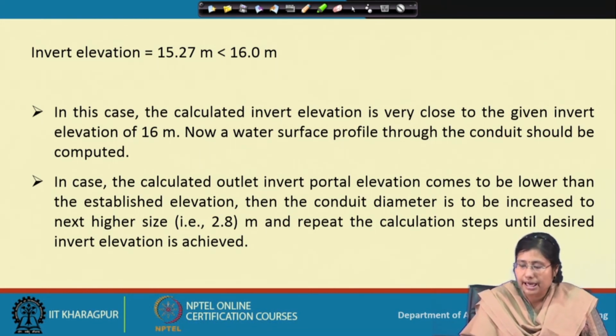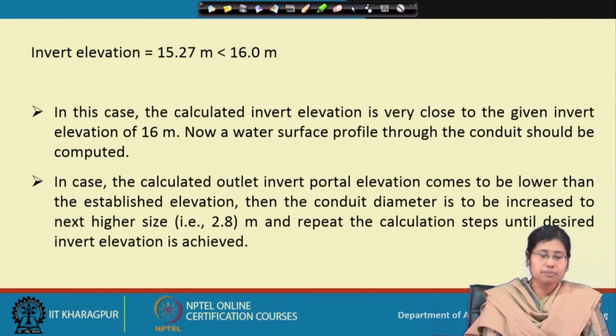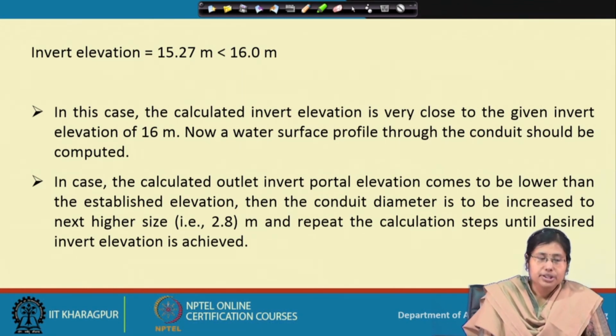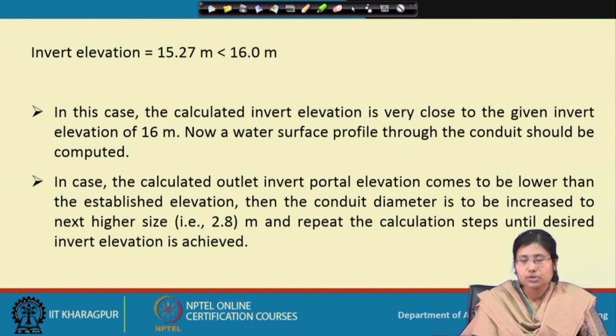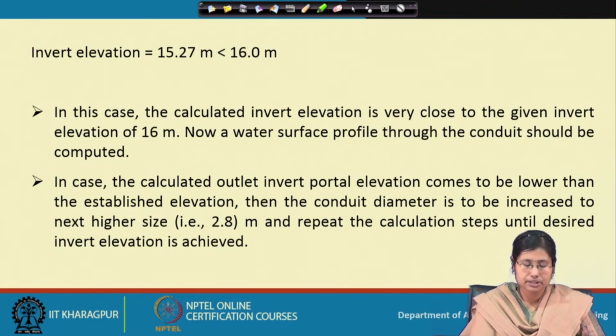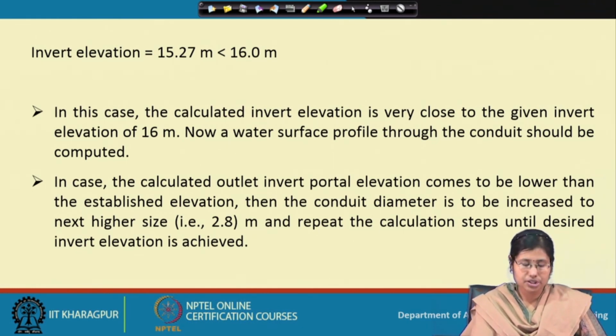Suppose the established elevation is 20 feet or 18 meter, then the conduit diameter is to be increased. You have to increase the diameter, say the assumed diameter was 2.5, now you increase to the next higher size like 2.8 meter, and then repeat the calculation steps until the desired invert elevation is achieved.